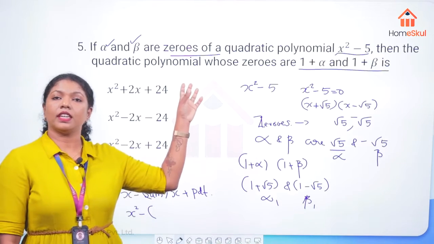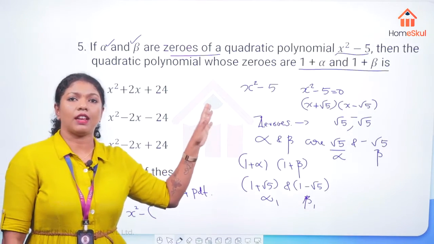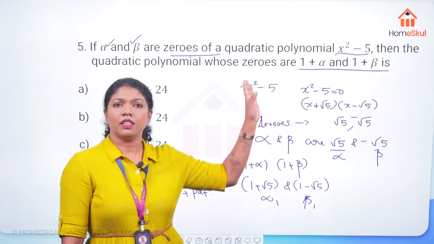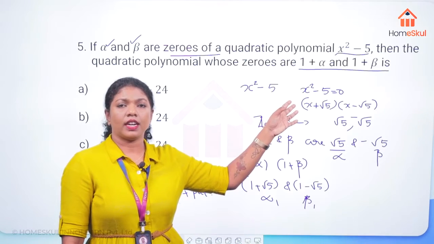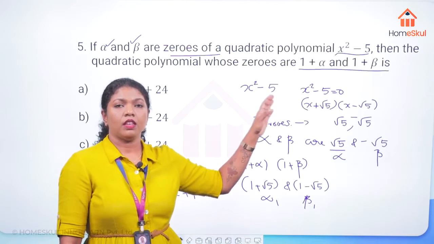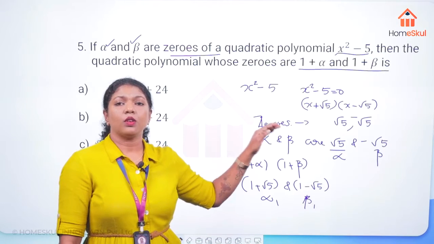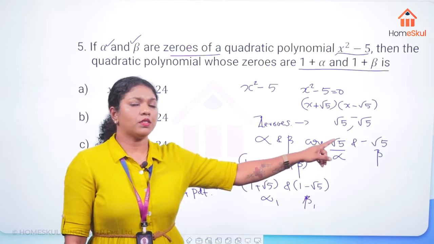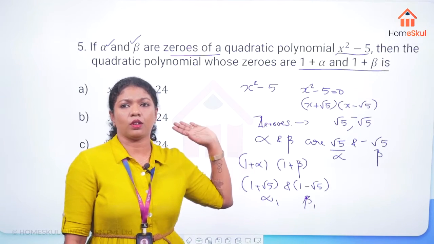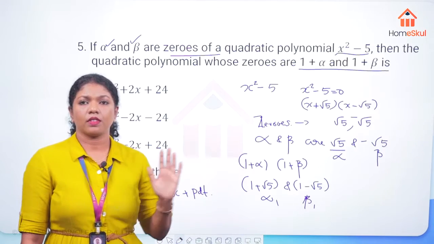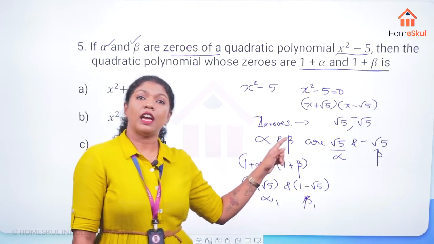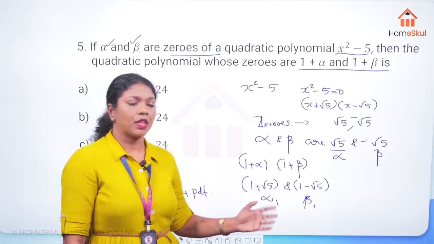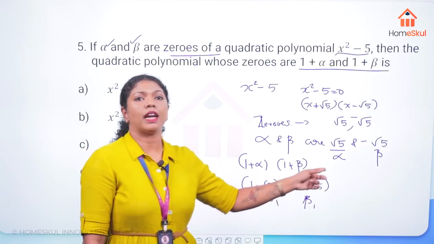We were given a quadratic polynomial whose roots are alpha and beta, and we found that root 5 and minus root 5 are the zeros of x square minus 5, because when you give those values, the polynomial is going to be 0. Is that much clear? Now we found the values of alpha and beta. Now we need 1 plus alpha and 1 plus beta, so that could be 1 plus root 5 and 1 minus root 5.